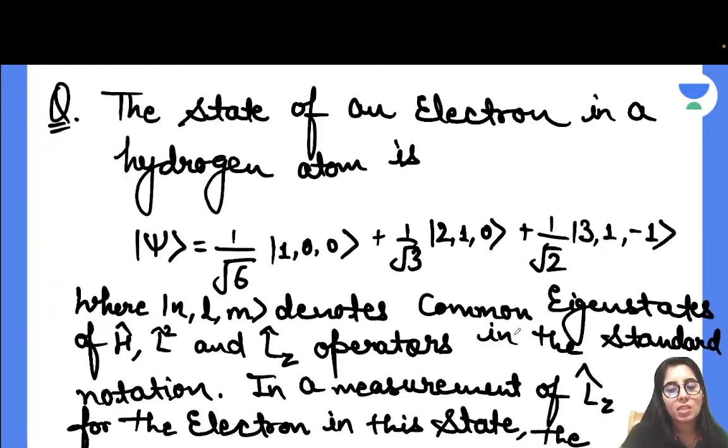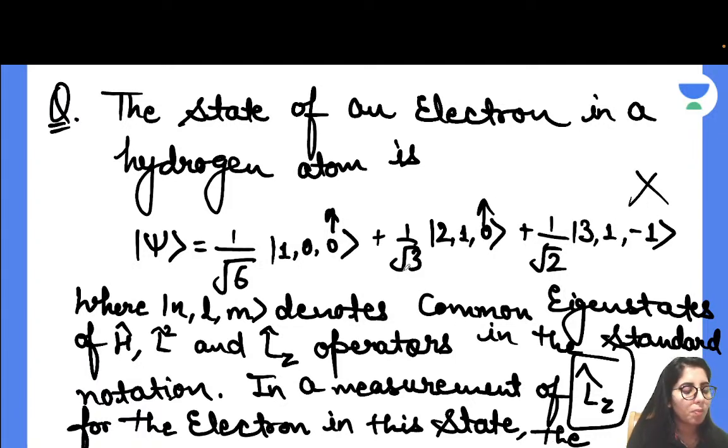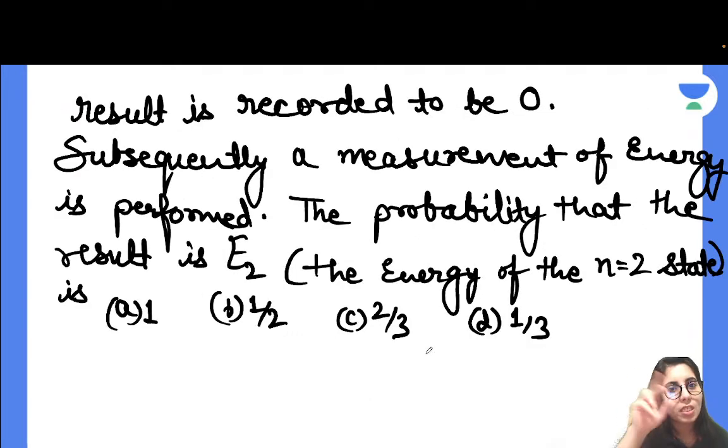Firstly, they measured Lz and the result is recorded to be zero, only zero, nothing else. So you know how you will be measuring Lz, m h cut, for the nlm states, but this one will not give us zero, while these two will give us zero. Subsequently, a measurement of energy is performed.